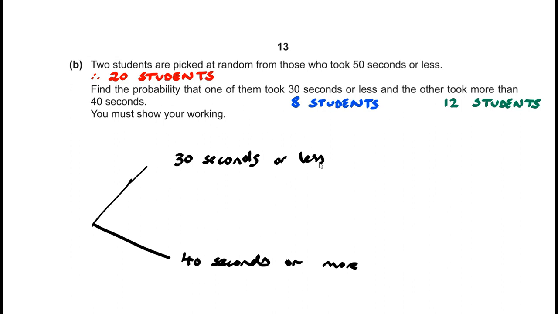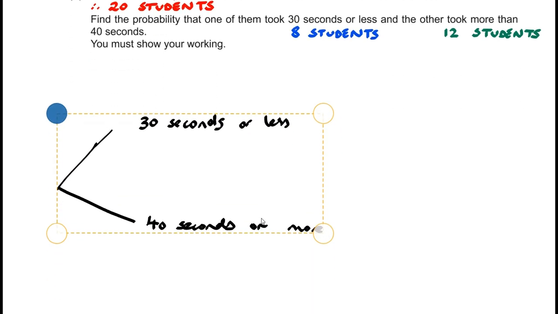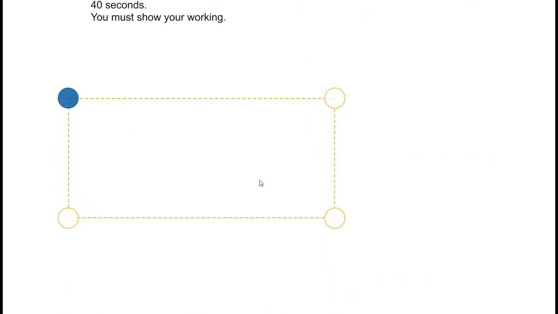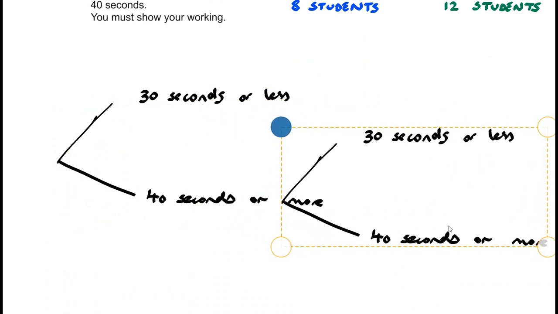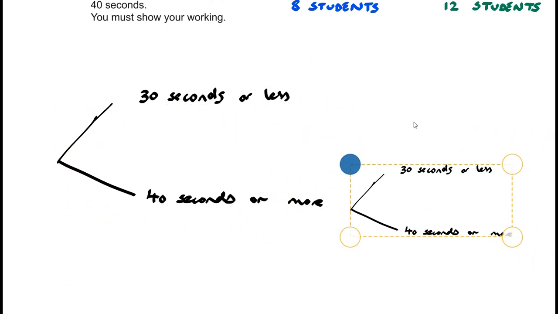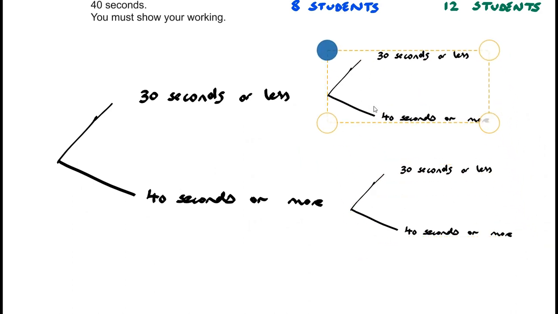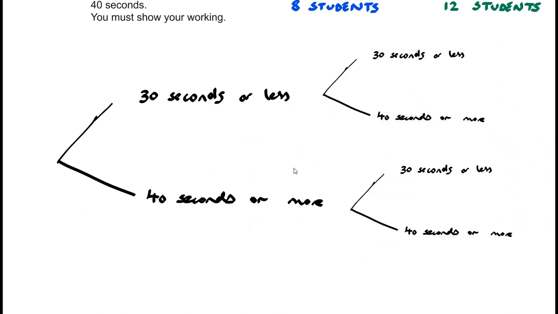So I could choose those who took 30 seconds or less, and then after that this is going to be repeated, isn't it? So we're going to have another branch like that, and then another one like this. So we could either have 30 seconds or less, then 40 seconds or more, or we could have 40 seconds or more, then 30 seconds or less.